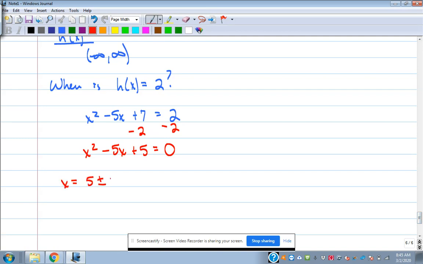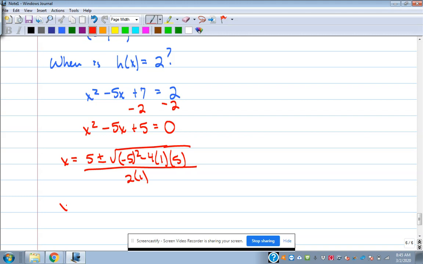Negative b plus or minus the square root of b squared minus 4ac, divided by 2a. So that's a negative 5. All right, so we end up with 5 squared, which is 25, minus 20. That's the square root of 5.